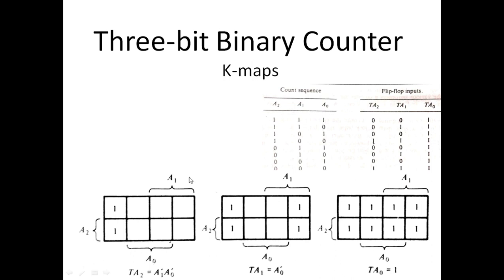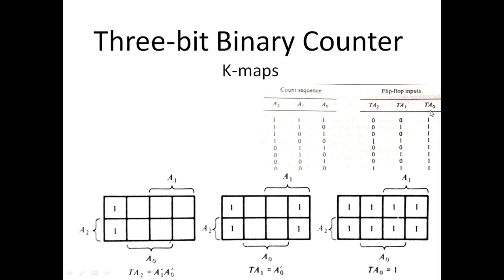And when we get the product term of this single 4 square group, we get A0 prime because A0 is here, A0 is here. So A0 prime is the only literal that covers these 4 squares. So that is the Boolean equation of TA1. So TA1 is equal to A0 prime.